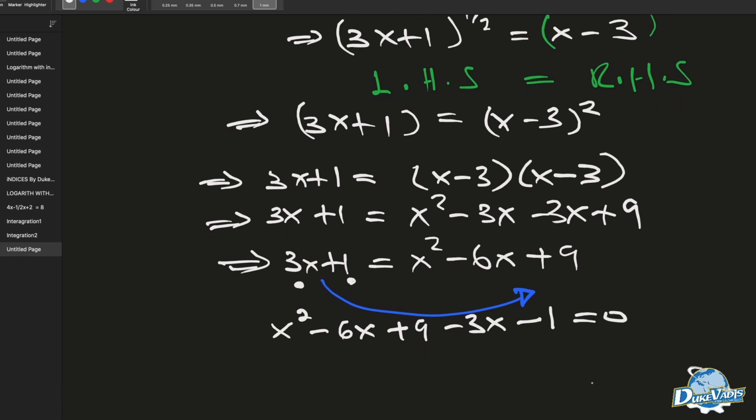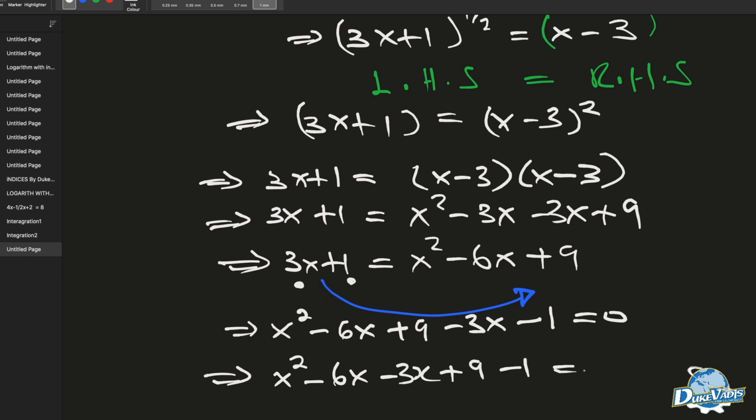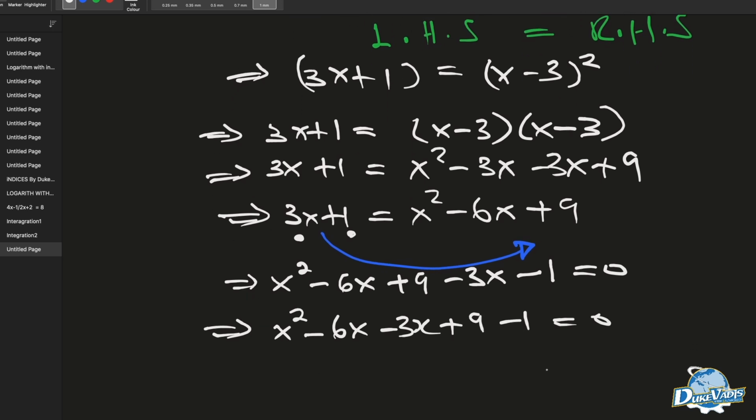Now it's beautiful. All we have to do is group the like terms. We say x squared minus 6x minus 3x plus 9 minus 1 is equal to 0. Then we say x squared minus 9x plus 8 is equal to 0.